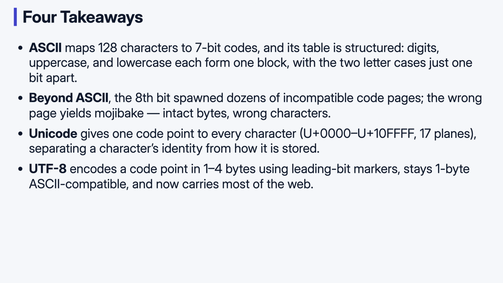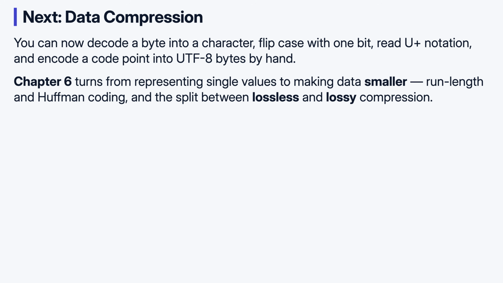Fourth, UTF-8 encodes a code point in 1 to 4 bytes using leading bit markers, keeps single byte compatibility with ASCII, and now carries the great majority of the web. That is Chapter 5. You can now decode a byte into its character, change case by flipping 1 bit, read code points in U+ notation, and encode a code point into UTF-8 bytes by hand.